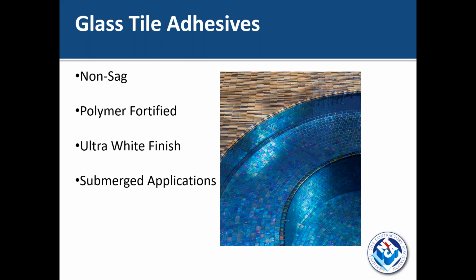Usually they have an ultra-white finish because the tile itself is translucent, and they can be used in submerged applications such as swimming pools. Important to note that there are other adhesives other than glass tile adhesives which can be used with glass tile, but glass tile adhesives are usually formulated for this specifically, and primarily because of the color.